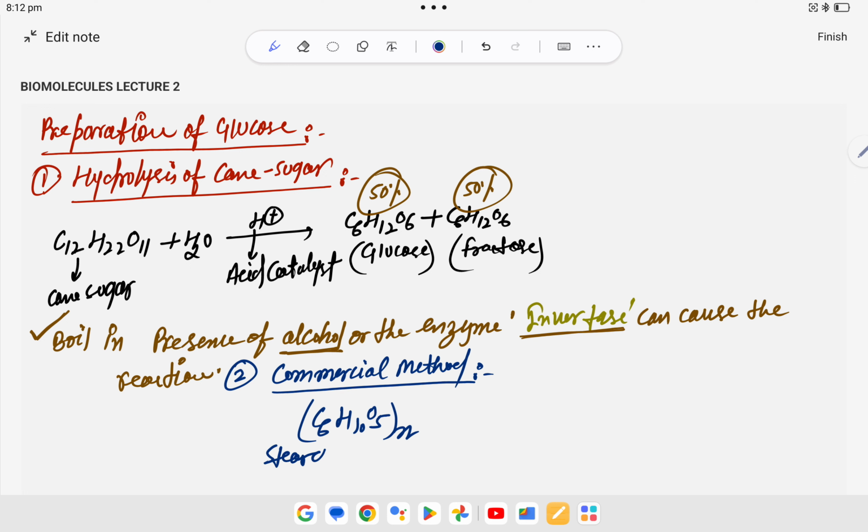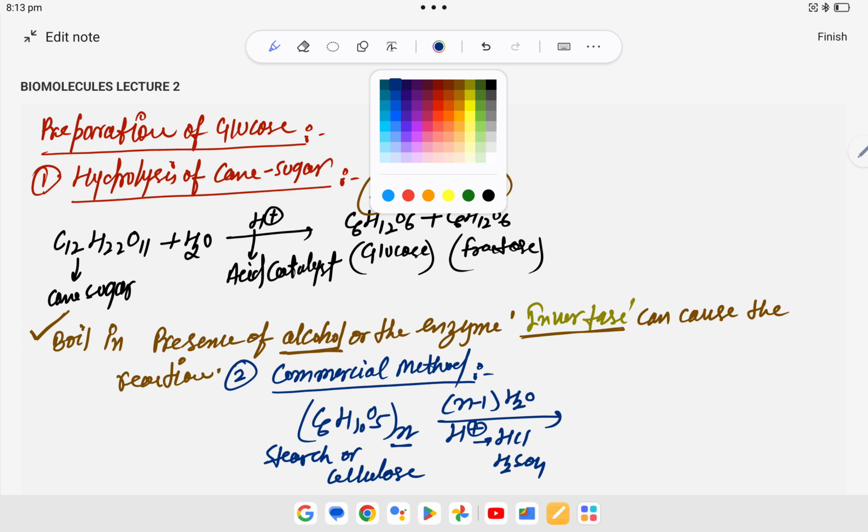Starch or cellulose (C6H10O5)n plus n minus 1 water molecules. Suppose n is 5, then 4 water molecules, in the presence of acid catalyst. That acid may be HCl or H2SO4, no problem.